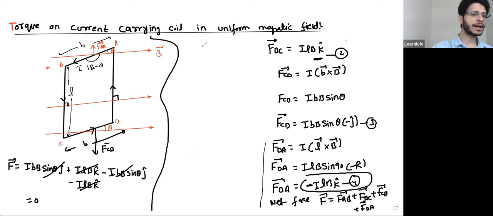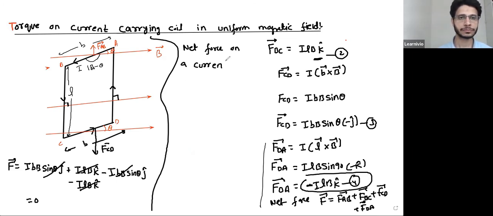Now this result we have calculated for a rectangular coil only, but this result is valid for coils of any shape and size. So you can write: net force on a current carrying coil in a uniform magnetic field is 0.